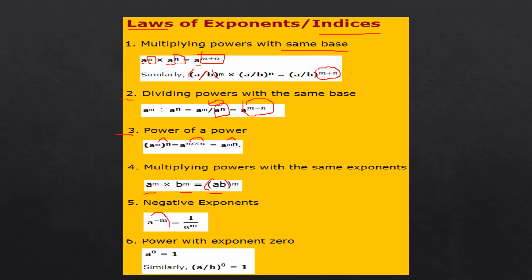Whenever we have a negative exponent, we will move it to the denominator. It will be 1 over a power positive exponent. Number 6, power with exponent 0. Whenever the power is 0, the solution will be 1. Just like this one, a over b parenthesis power 0 equals 1.